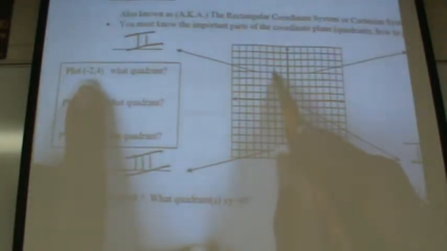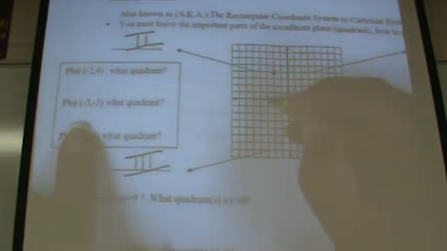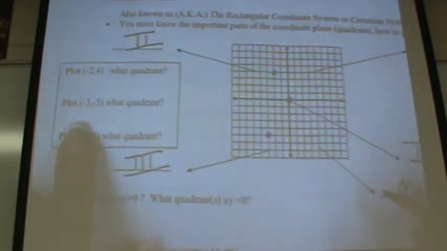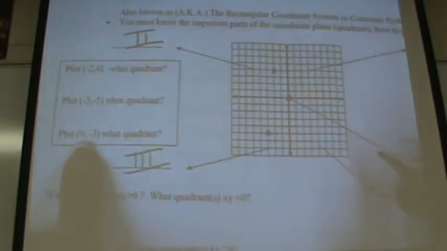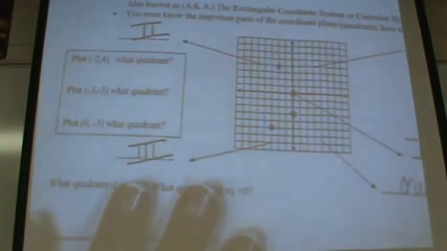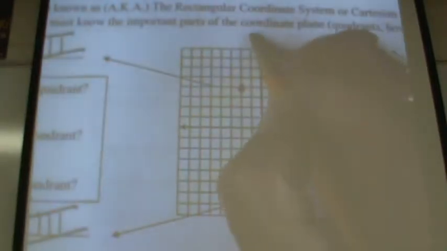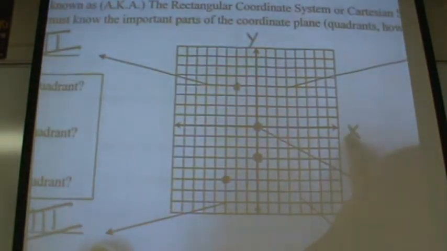It's in 2. The next one, (-3, -5): 1, 2, 3, 4, 5. That's in quadrant 3. And then where is (0, -3)? It's on the y-axis. Very good.